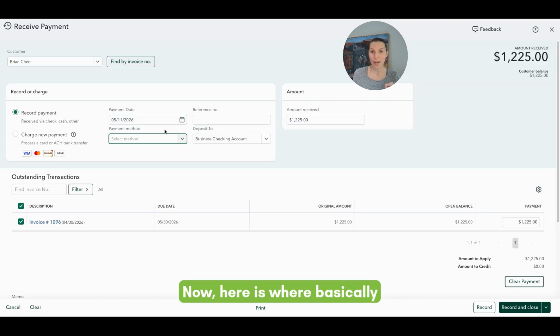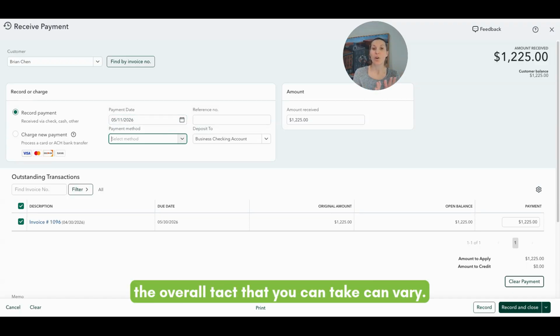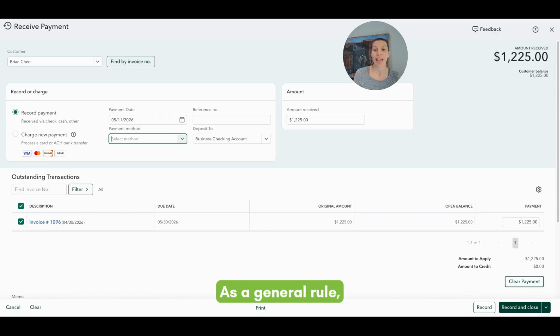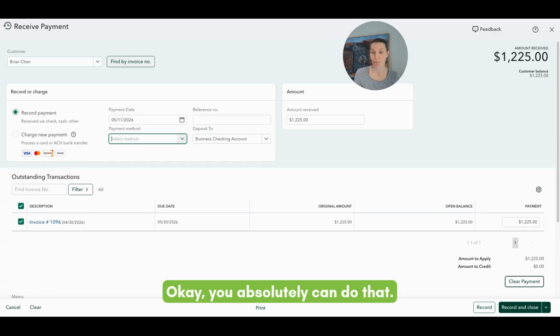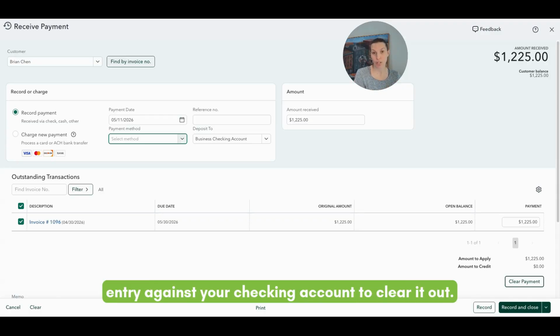Now, here is where basically the overall tack that you can take can vary. As a general rule, I don't like to deposit a correction into my checking account, okay? You absolutely can do that, and you can do a subsequent journal entry against your checking account to clear it out.